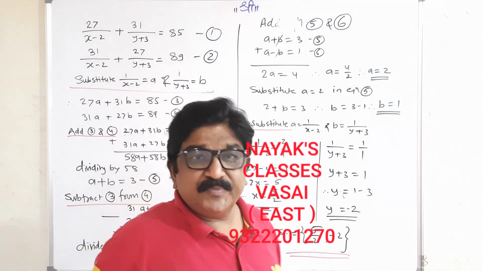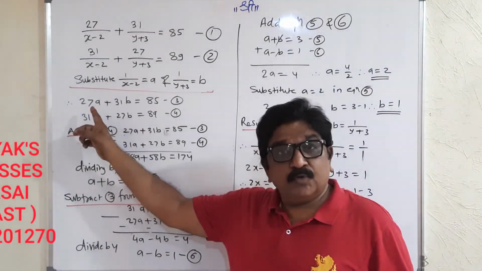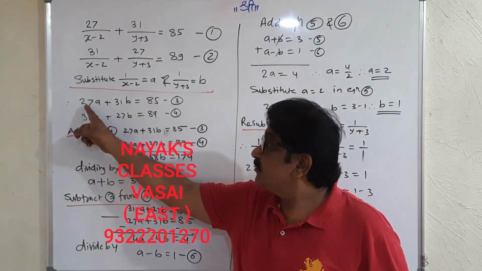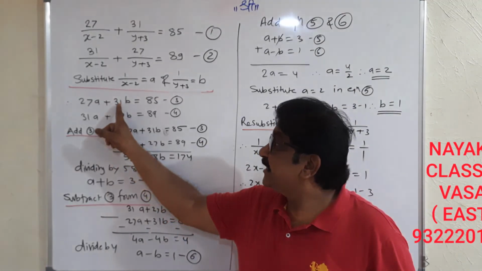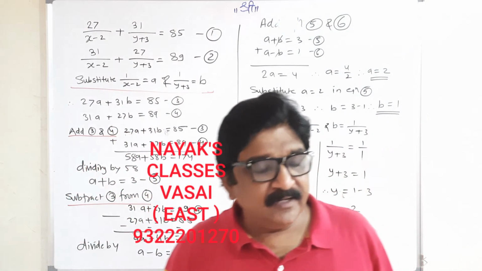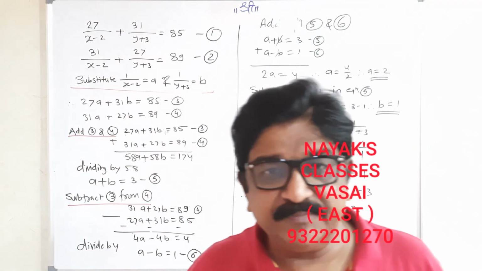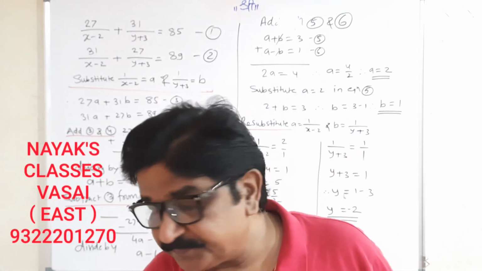So the equations become like this. Coefficients are same. First goes to second and second goes to first. At this time we have to use the method called one-time addition and one-time subtraction.